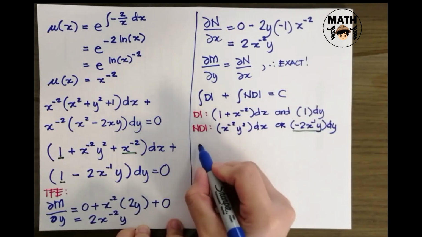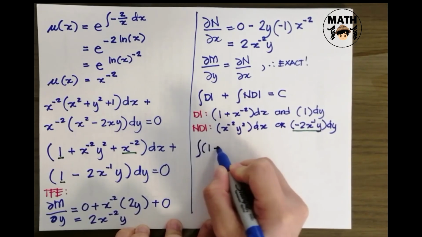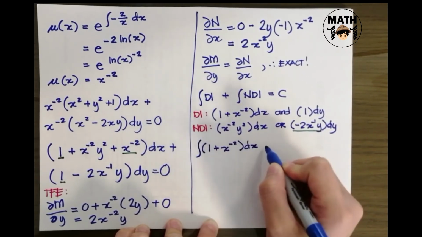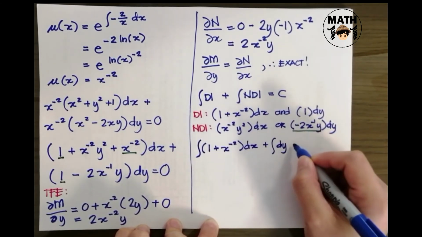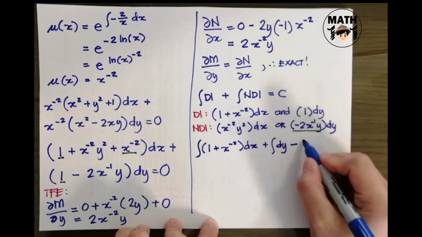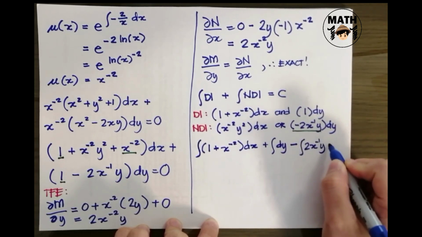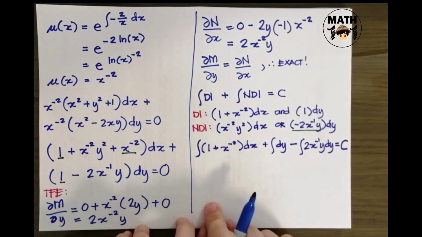So, integrate natin lahat ng directly integrable. Integral of 1 plus x raised to negative 2 dx plus this, integral of dy, minus integral nito, non-directly integrable, and that is equal to a constant.